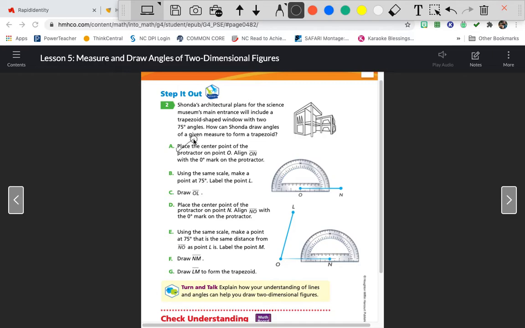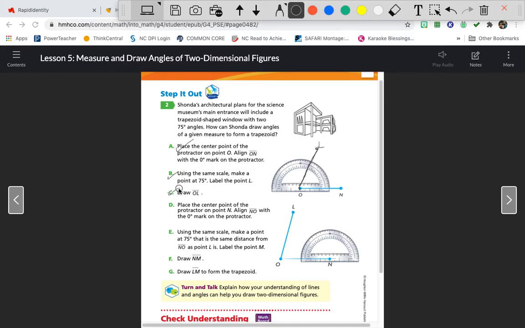So we want to try to get as close to 75 as we can, which is kind of hard to see. So we're going to go about right here, 75. And we're going to label this point L, and we already have O, okay?